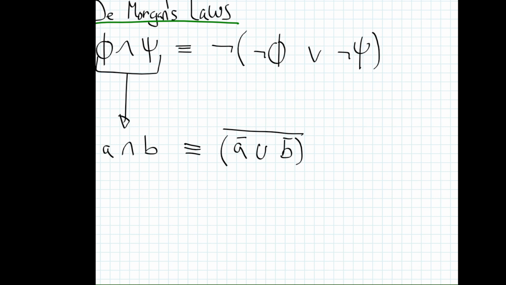So what happens here is the following. If we deconstruct this, we get A, and then it has two stripes on top of it.